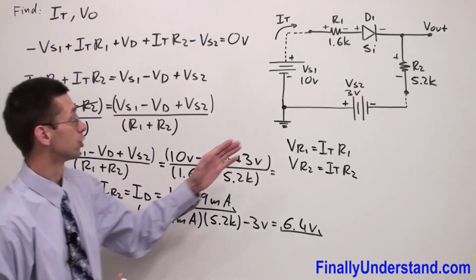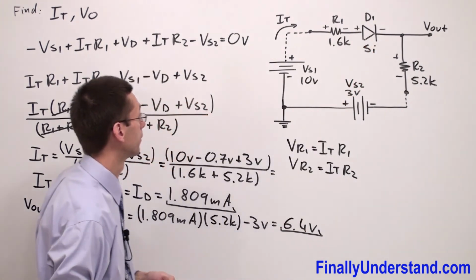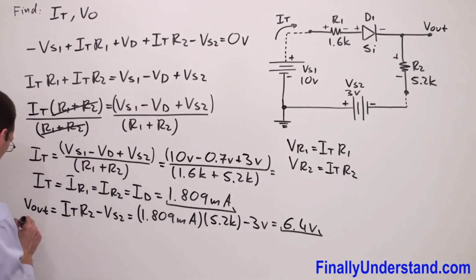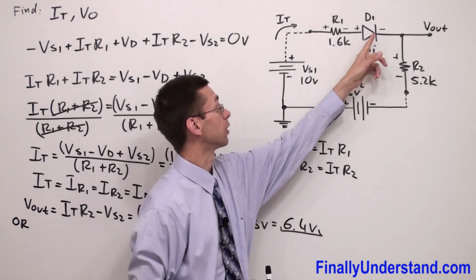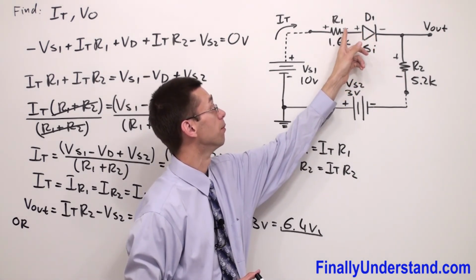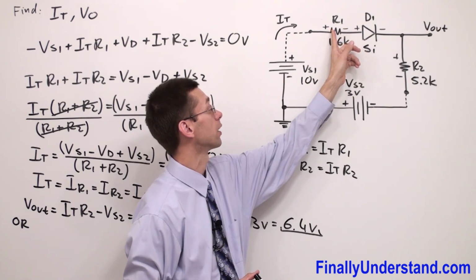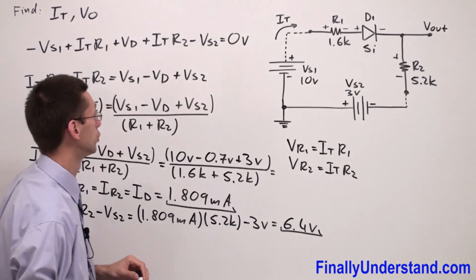But as I said, there is another way to do it, just to verify that we did our calculations correctly. So you can use either or. So I have output voltage is equal to negative voltage across the diode minus voltage across resistor R1 plus the voltage of the voltage source 1.